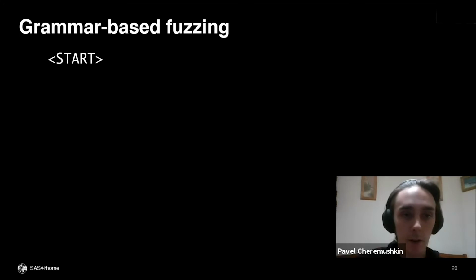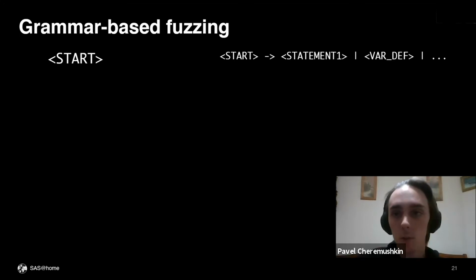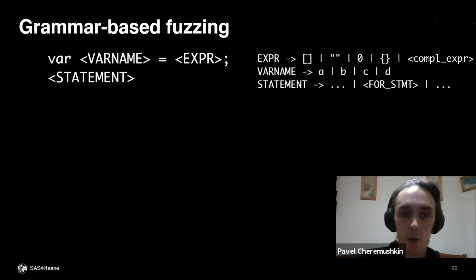So we have some starting symbol, and let's assume we want to generate the code which we have been looking at previously. The start statement may expand into some statement one and variable definition, and let's say it expands into the variable definition, and so there are some non-terminals called var name and expression, and we have to expand them as well.